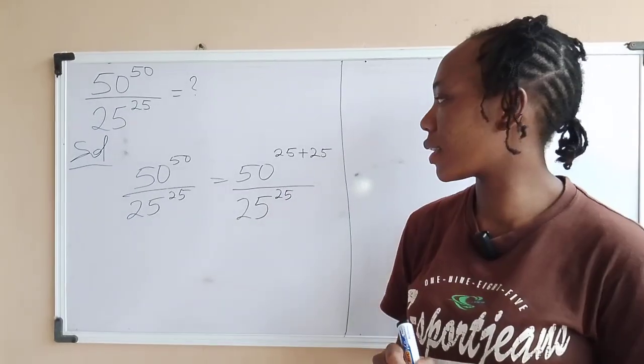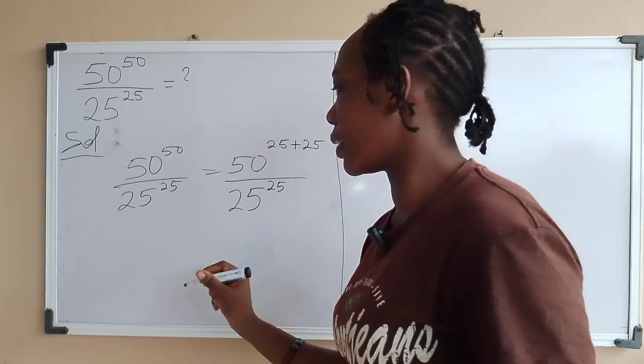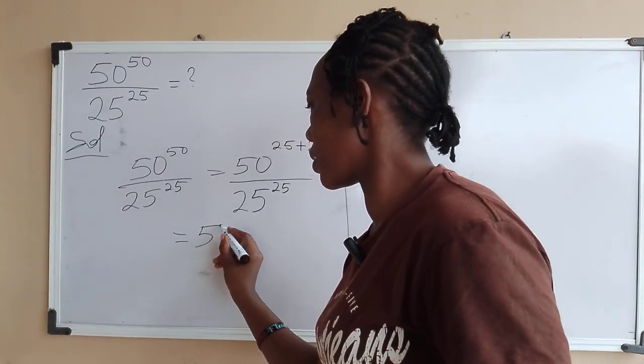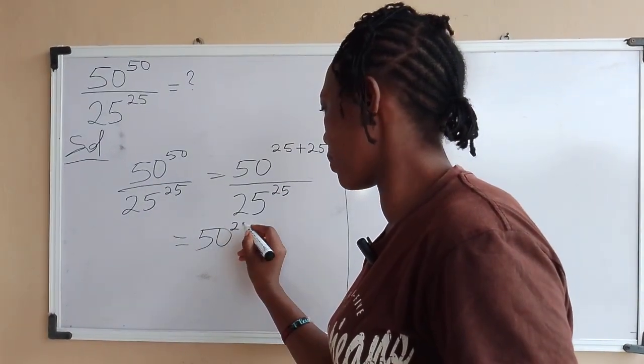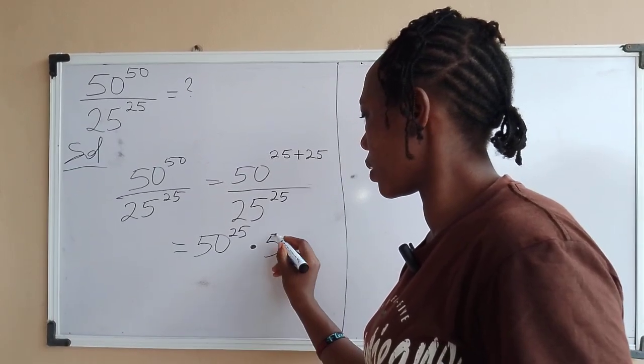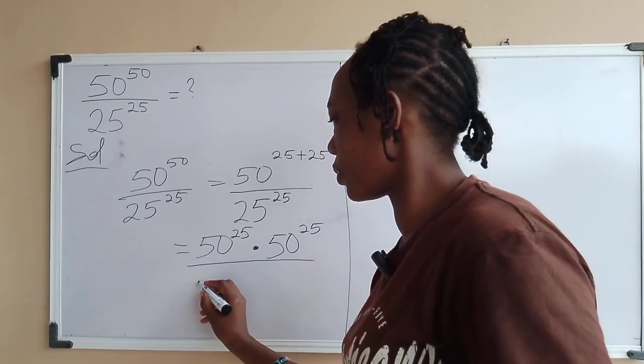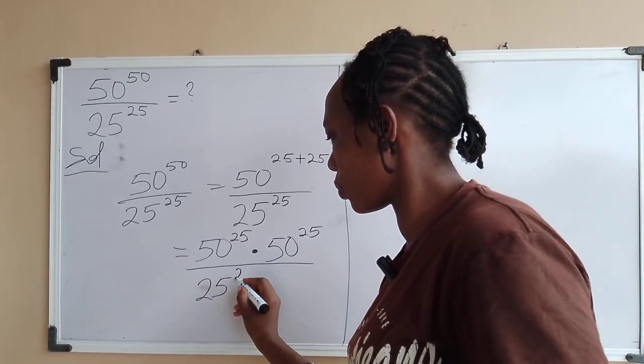Next thing we're going to do, law of indices has to play here, and that is 50 to the power of 25 dot 50 to the power of 25, all over 25 to the power of 25.